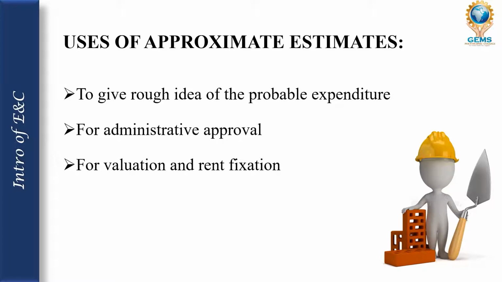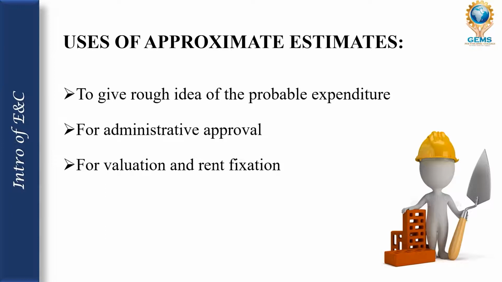Then the third one is for valuation and rent fixation. It is necessary to find out the cost of existing structures. We have so many reasons for valuation and rent fixation. If we need to sell or purchase a property, we should have a knowledge of how much cost this building is.